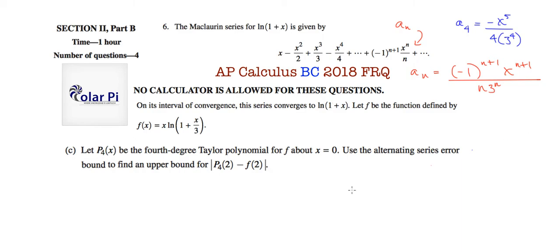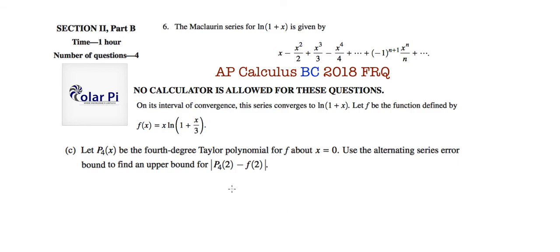So let me write it down, and then we could move on. Well, actually, I'll remember it. So negative x^5 over 4 times 3^4, right? So what I'm saying is we know that |P4(2) - f(2)| will be less than the absolute value of the first unused term evaluated at 2.